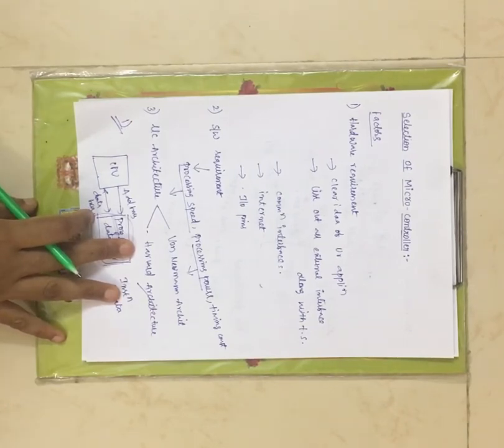That means if you choose a proper microcontroller that is suitable for your application, you can succeed with your application. If you choose a wrong microcontroller, then that may result in the failure of your application or the project, right?